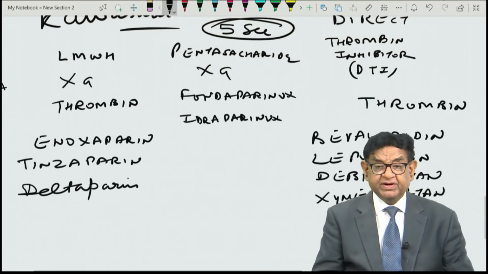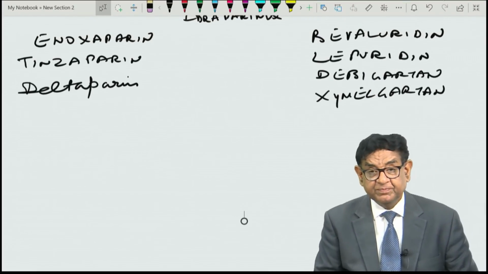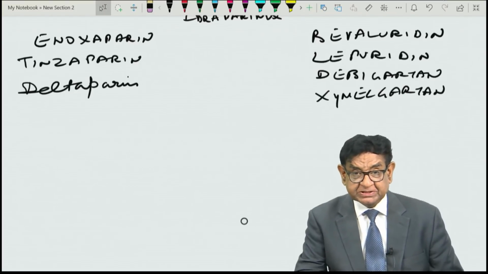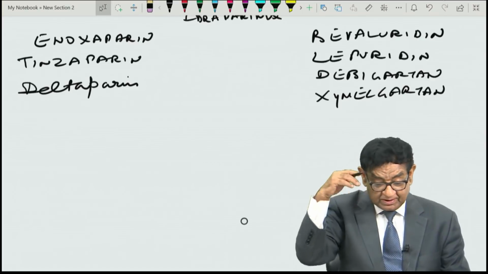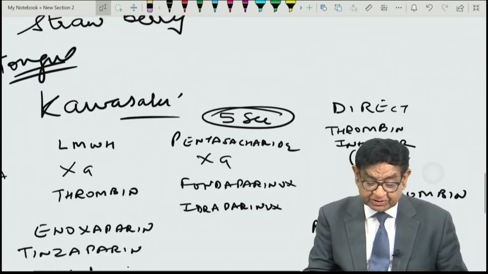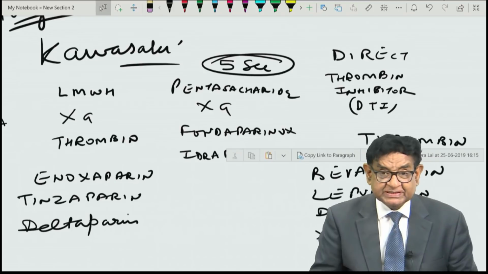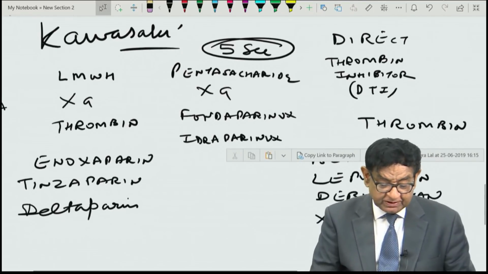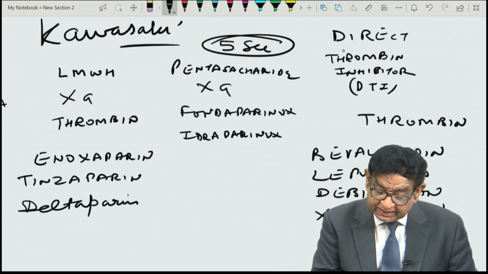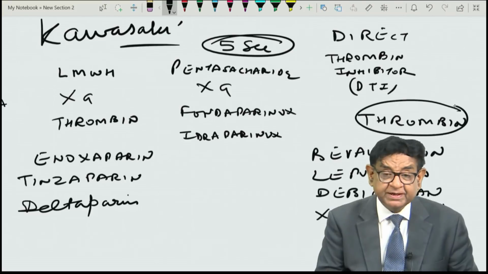This is the list in front of you. As I told you, this list looks very dangerous. I start sweating when I see this list. But at the same time you say, but sir, you said we'll revise it in only 5 seconds. Yes, I'll keep my promise. So first of all, let's see how they act. Direct thrombin inhibitor, so obviously it will be inhibiting thrombin.